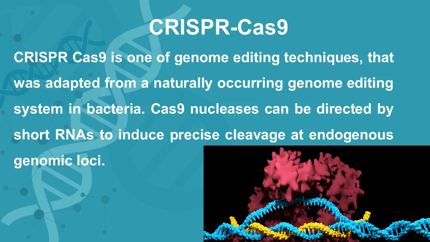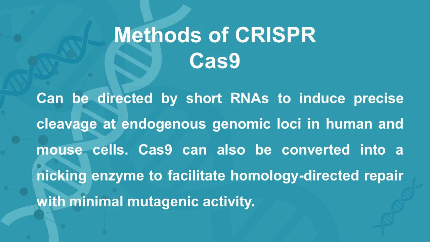CRISPR-Cas9 is one of the genome editing techniques that was adapted from a naturally occurring genome editing system in bacteria. Cas9 nucleases can be directed by short RNAs to introduce base cleavage at endogenous genomic loci. We have three methods of CRISPR-Cas9.